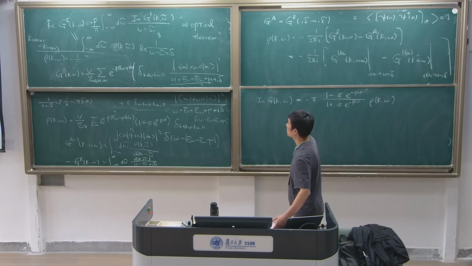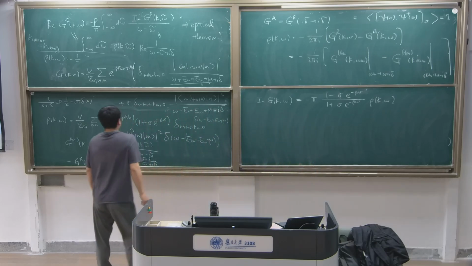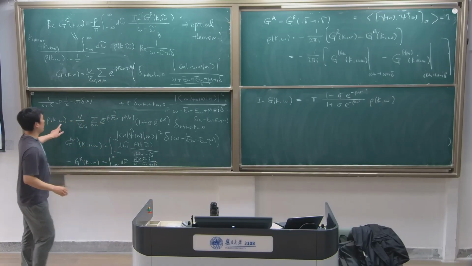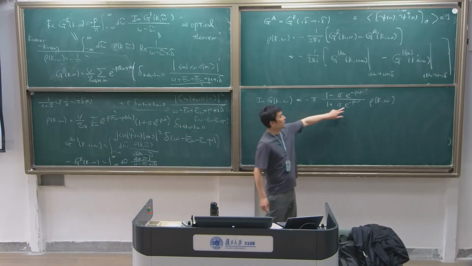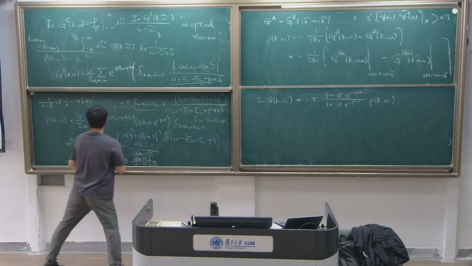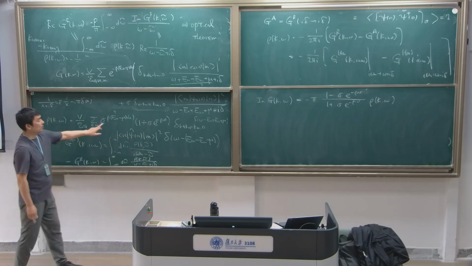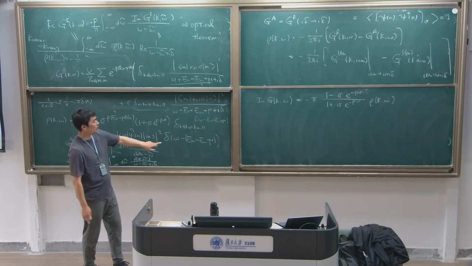I hope people can see that. So rho k omega divided by 1 plus sigma e to the minus beta omega. You just bring this one into here. This green part is the denominator. What's left is the e to this one and the delta function and this guy and this one.